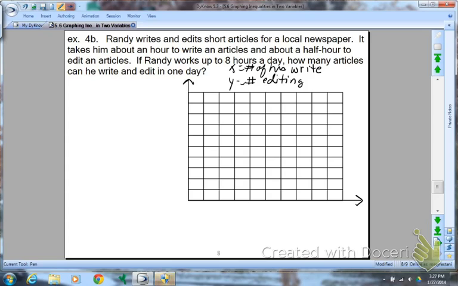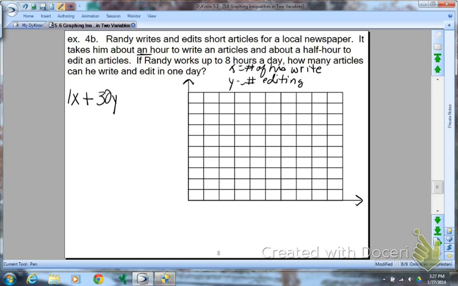So, how long does it take him to write one article? An hour, meaning 1 hour. So that would be 1x plus, how long does it take for him to edit? 30 minutes. So I put 30y. But we have to be consistent in time.